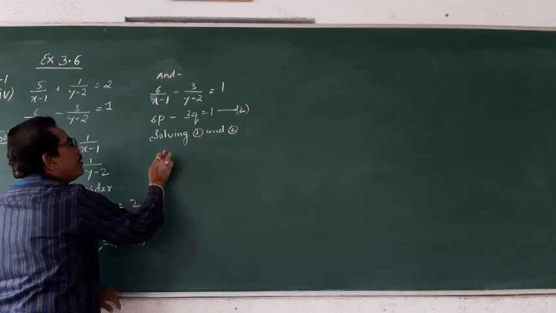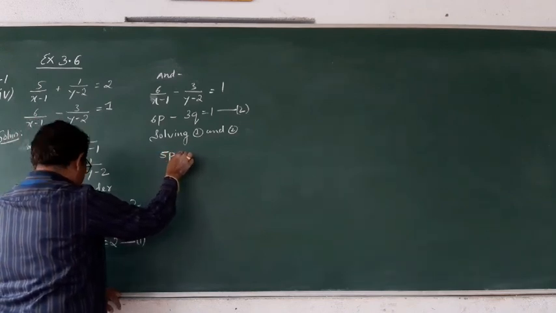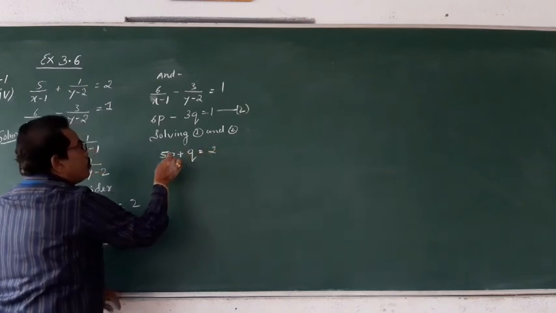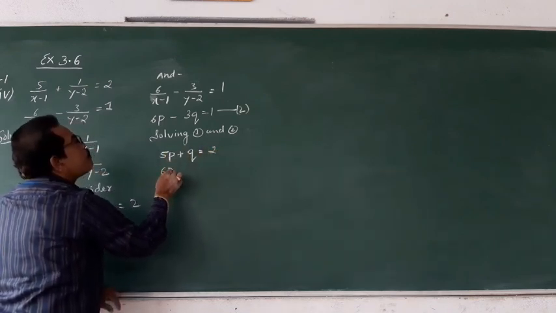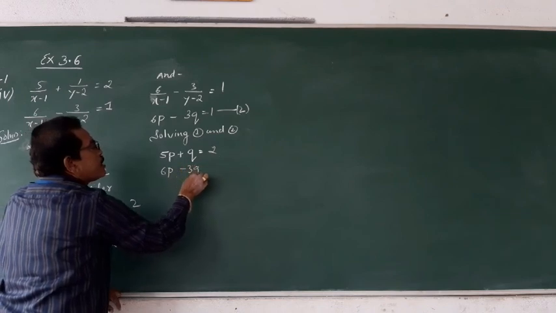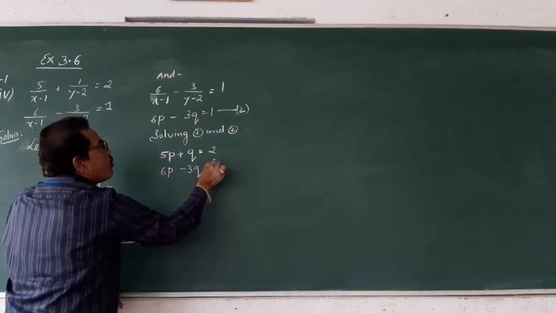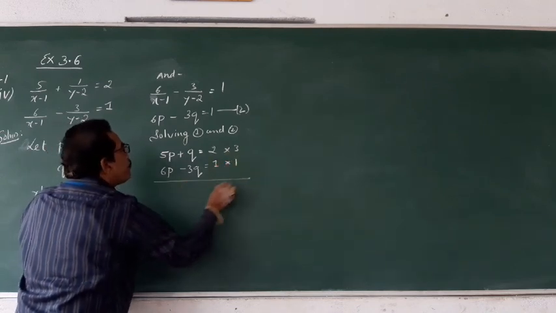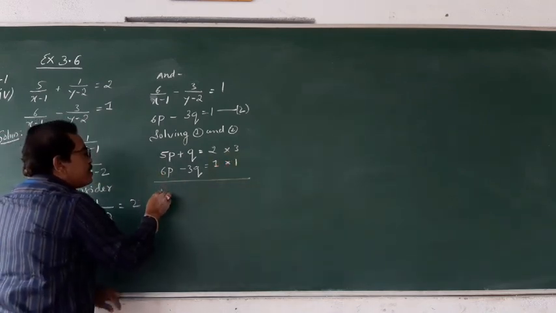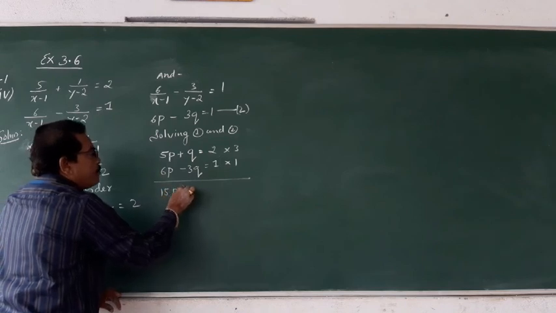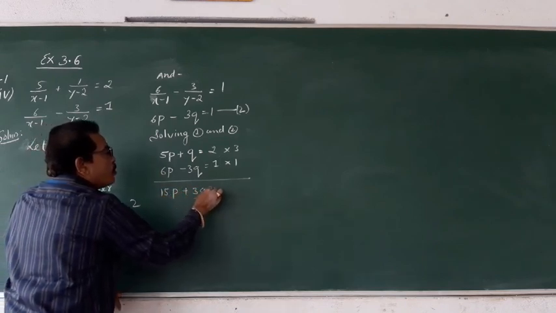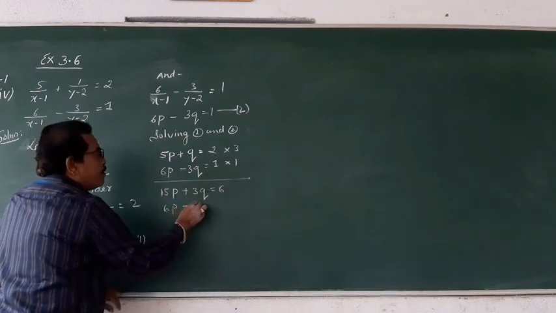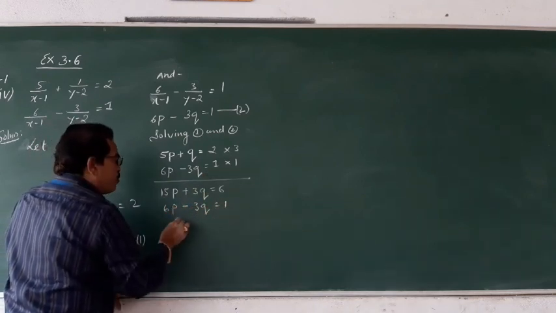5p plus q equals to 2. 6p minus 3q equals to 1. Multiply the first by 3: 3 5s are 15p plus 3q, 3 2s are 6. 6p minus 3q, that is equal to 1.